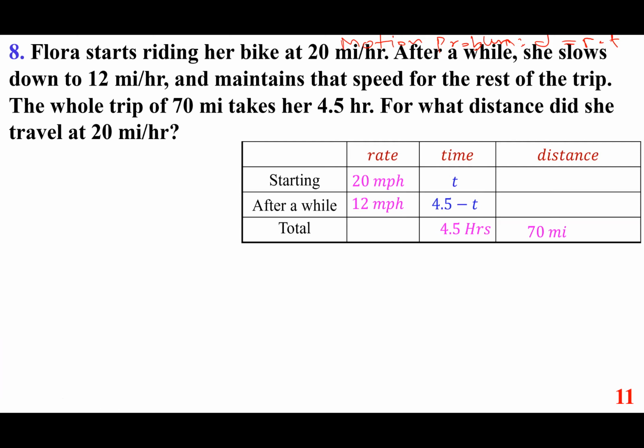By the way, when we know that D equals RT, that means we should know T equals D over R. That means we should know R is D over T. And so if this is the case, what distance do we cover here? 20 times T. What about here? 12 times 4.5 minus T. And if the total distance is 70 miles, add this to it, should give us 70 miles.